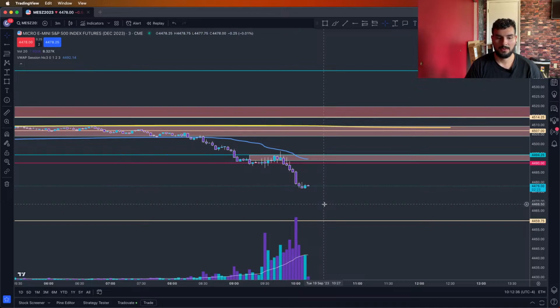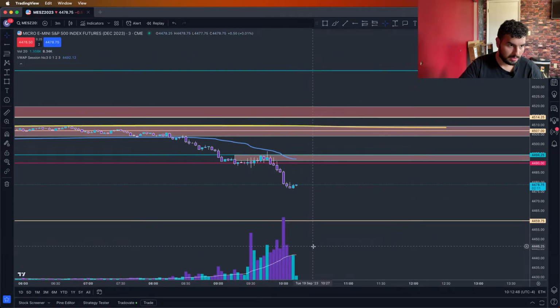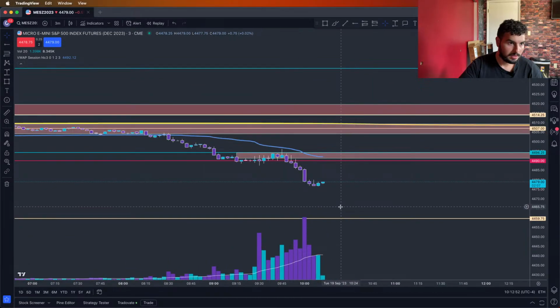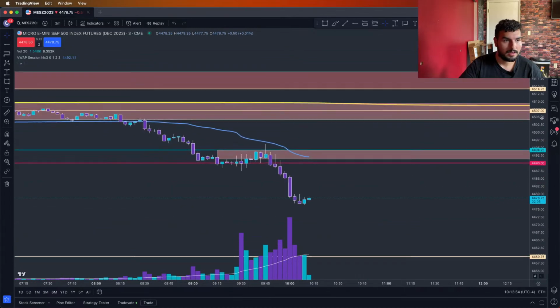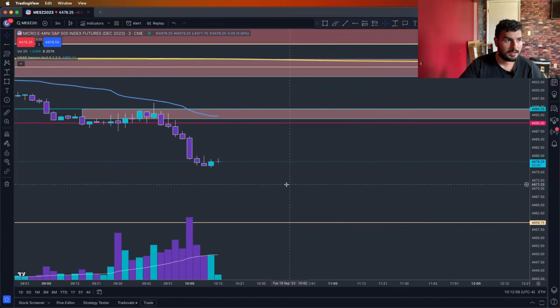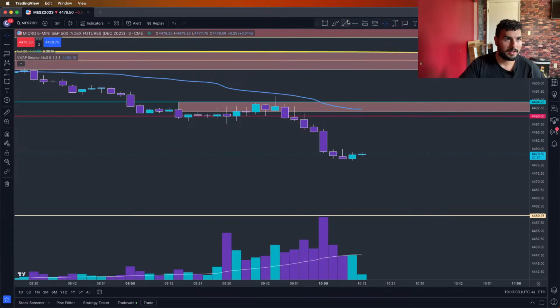See what structure we form here. Volume has died down. Let's see what we can find here.